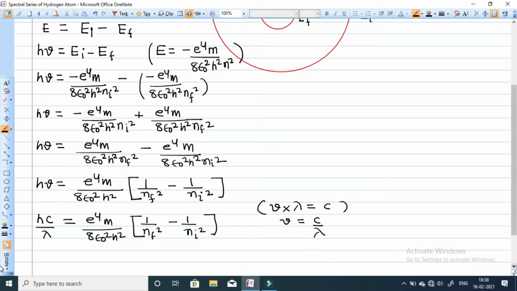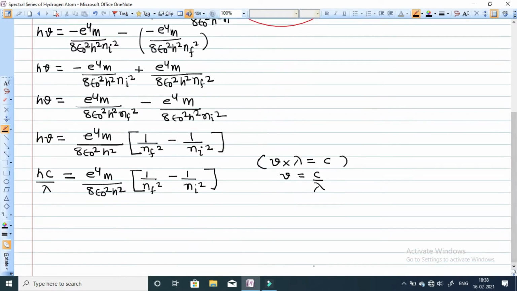Now take the constant terms towards the right. h and c are constants. So when you take them towards the right side, it will become 1 upon lambda on the left hand side, and e to the power 4 into m upon 8 epsilon naught square into h square. Now h into c, they are in the numerator towards the left hand side. When we bring them towards the right hand side, it will be in the denominator, multiplied with h into c, and inside this bracket is n final square minus 1 upon n initial square.